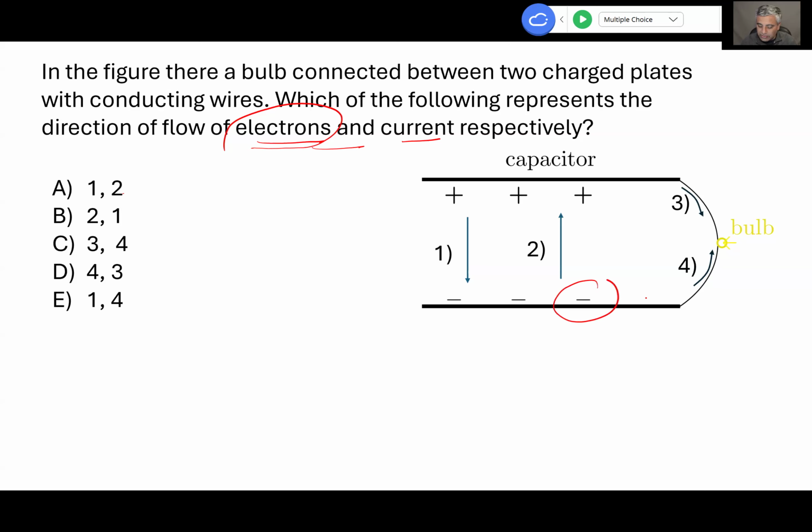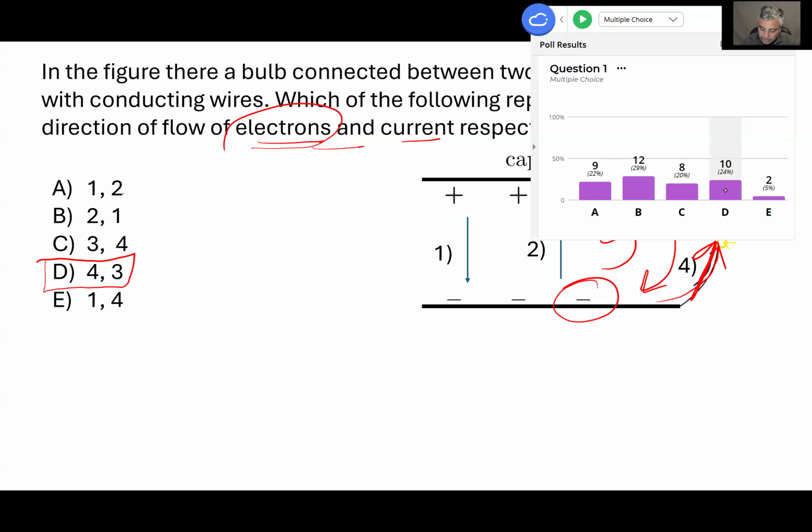Electrons go from the negative side, so it's going to go this way, and current is going to go the other way. So looks like for electrons it is 4, and then for current, so looks like D is the correct answer.